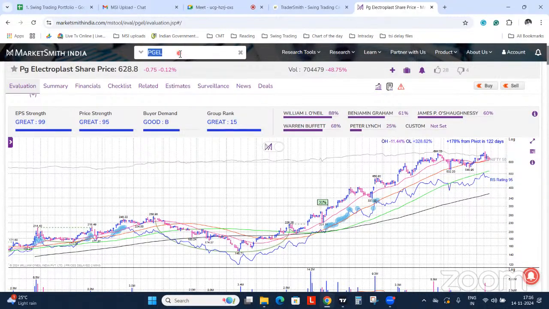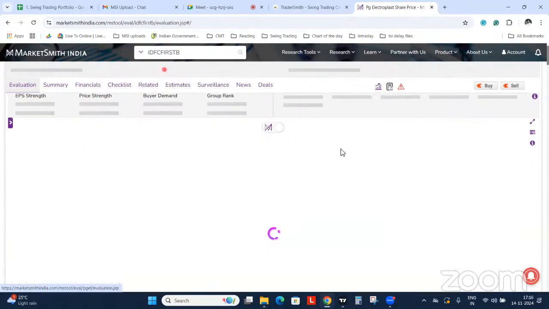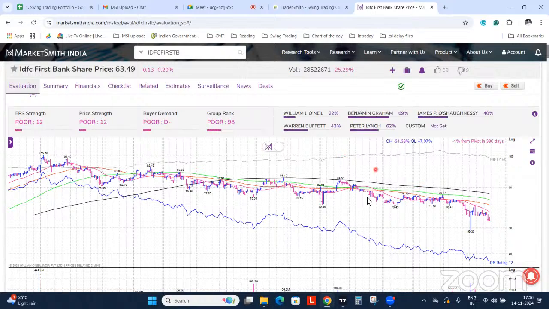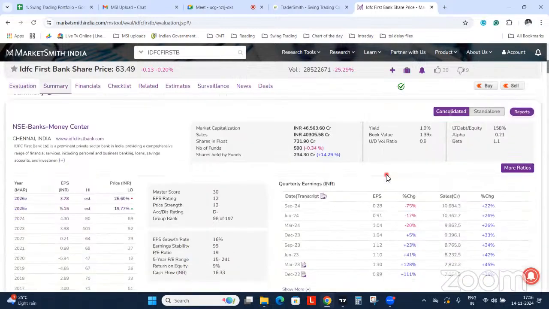Next one is IDFC First. So clearly a negative sign. Fundamentally also the stock has not been performing well in terms of its EPS growth.